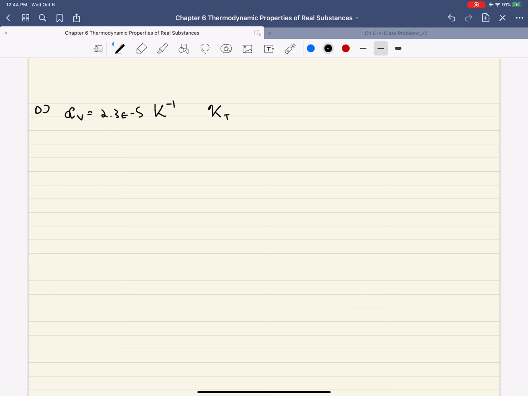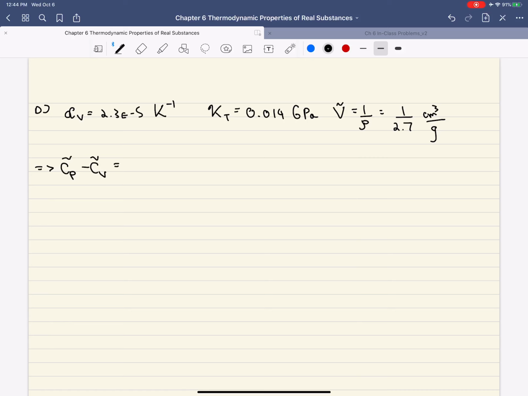Kappa T is equal to 0.014 gigapascals. And then molar volume, which is equal to 1 over rho, is equal to 1 over 2.7 centimeter cubed per gram. Okay? All right, so we have all these values. What we want to do now is just plug them in.